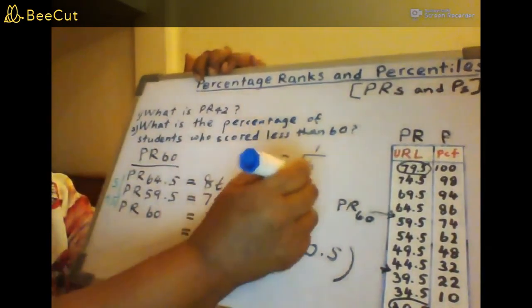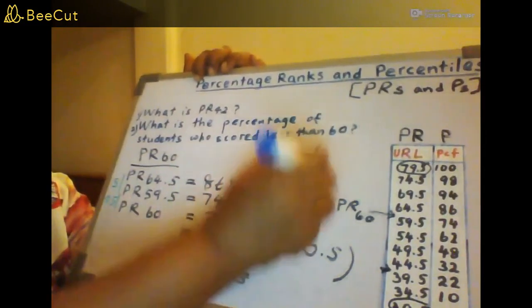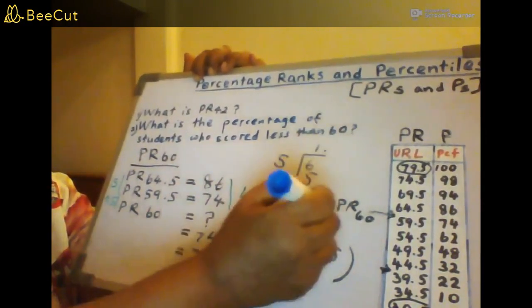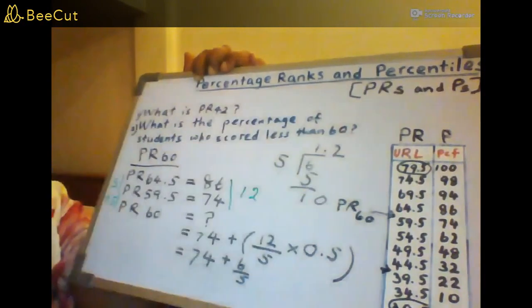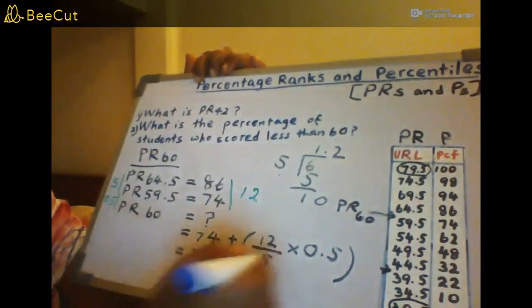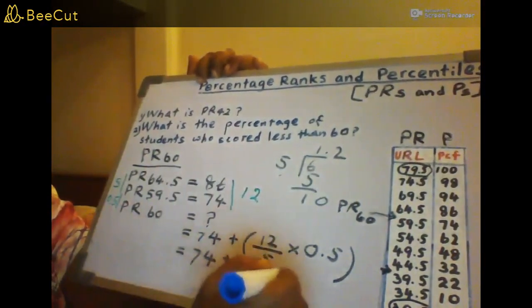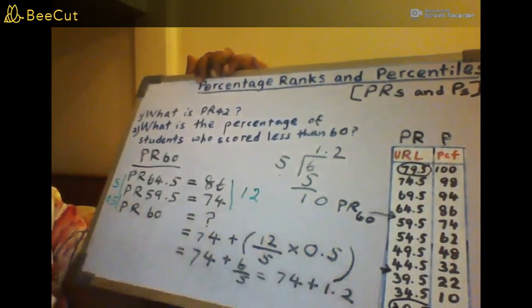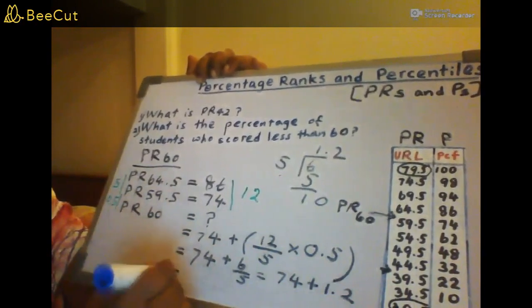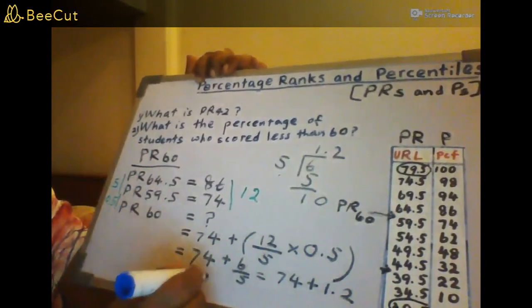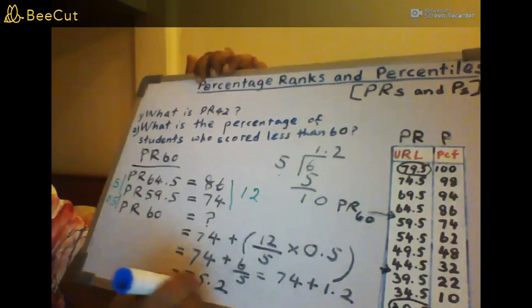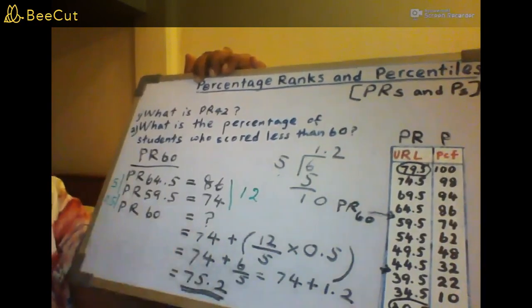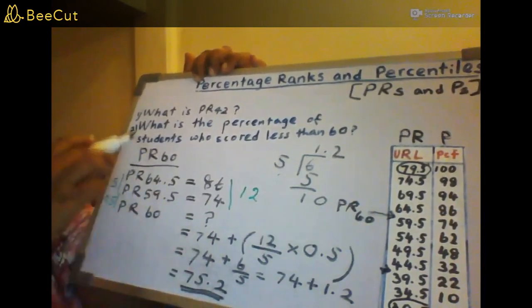Put this dot here, 1.2. So here 74 plus 1.2. The answer is 75.2. That's the answer for this question.